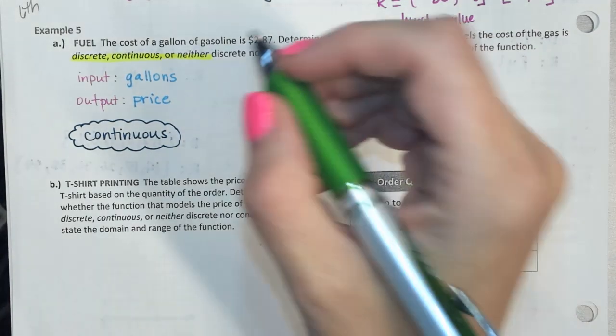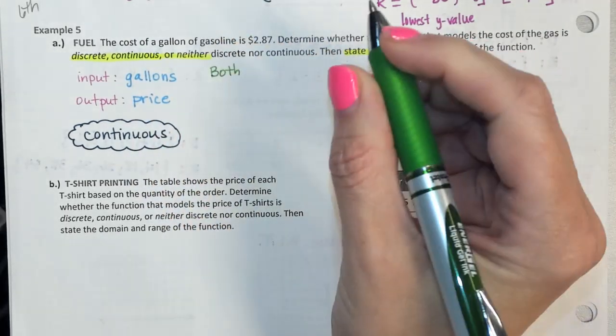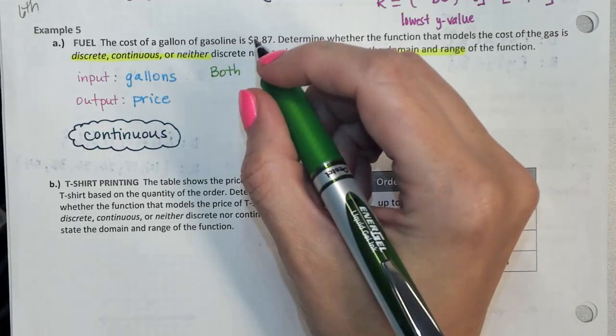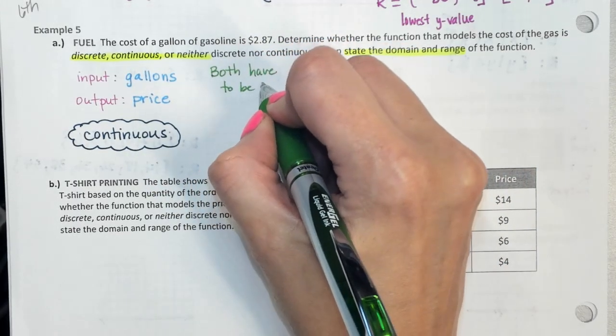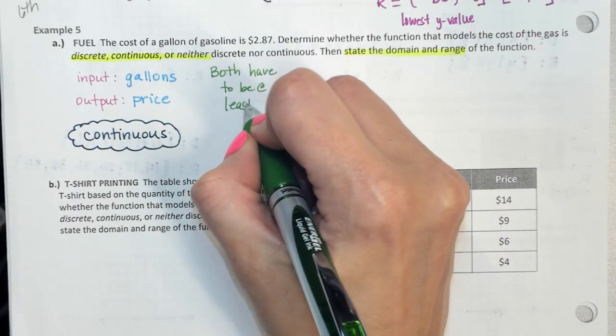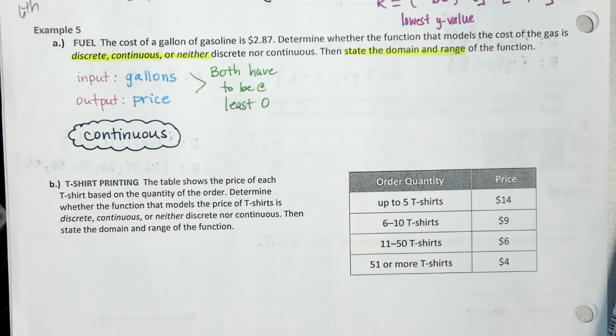So both the gallons and the price have to be at least 0. You can word that a little differently than me, that's fine. You can say they both have to be 0 or above.